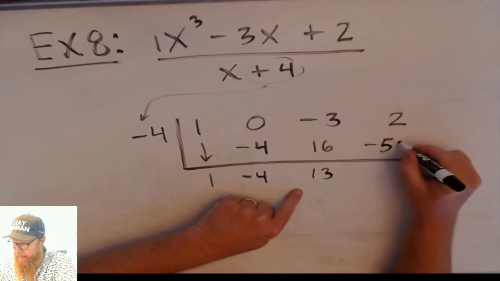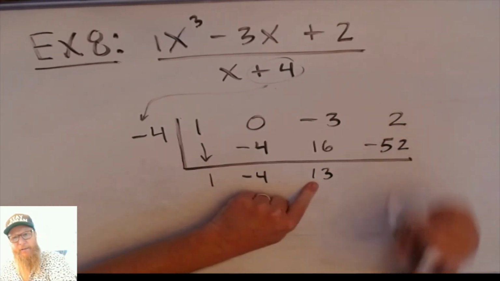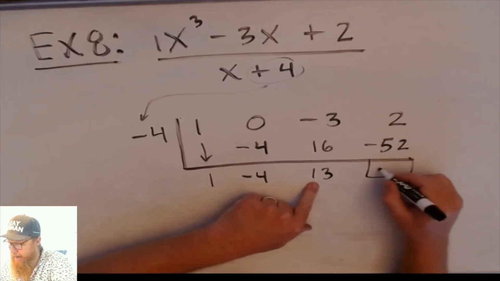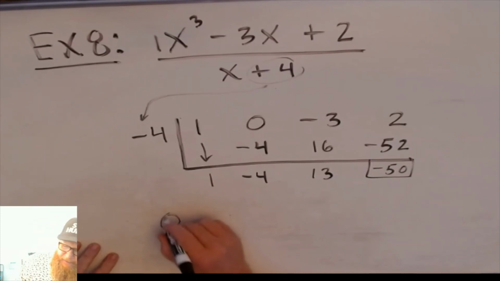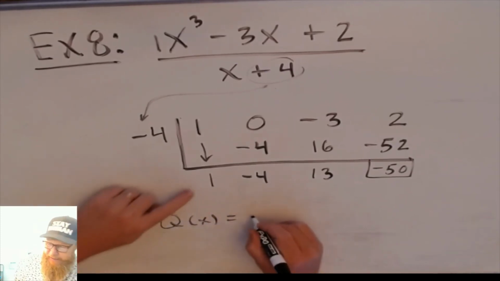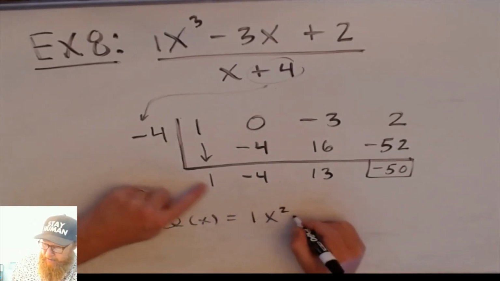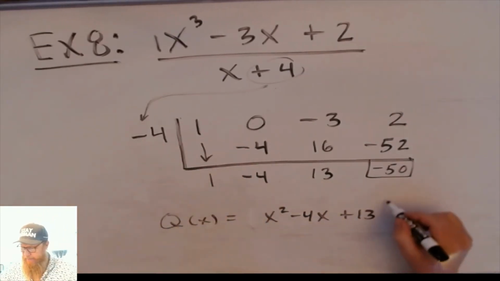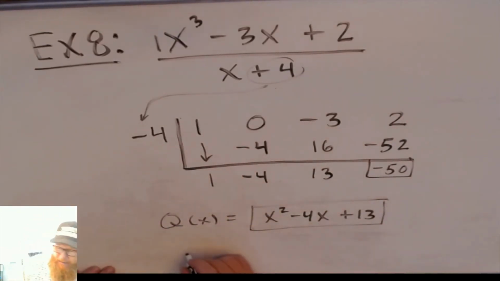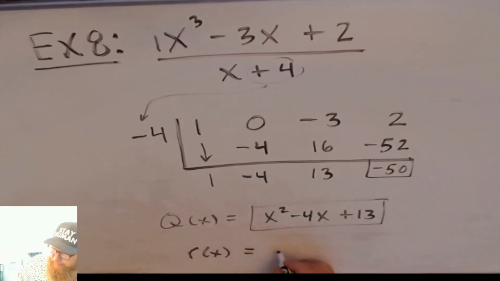Multiply. Negative 4 times 13 is negative 52. Add. The remainder is negative 50. So your quotient is 1x squared minus 4x plus 13. And your remainder is negative 50.